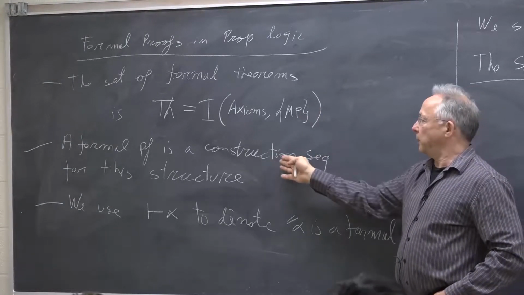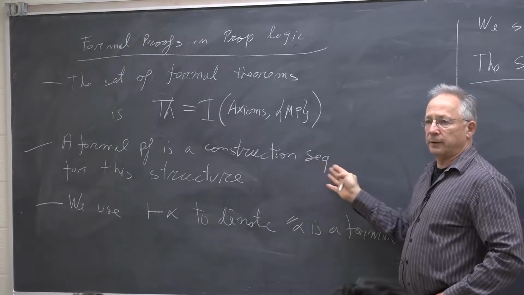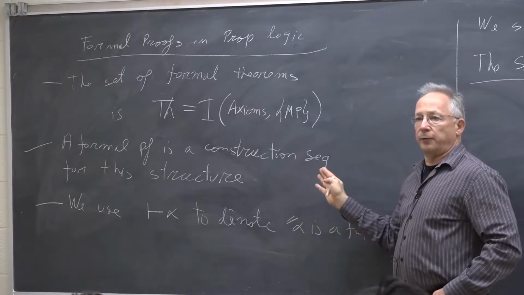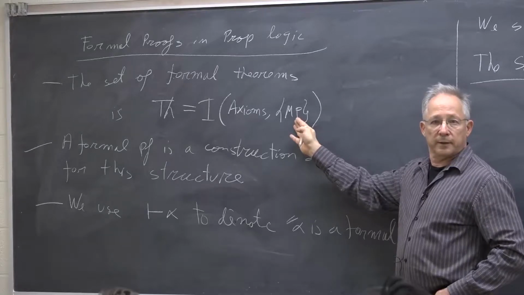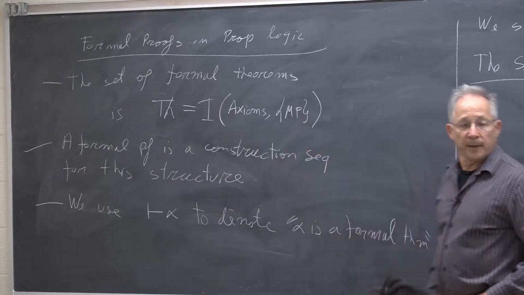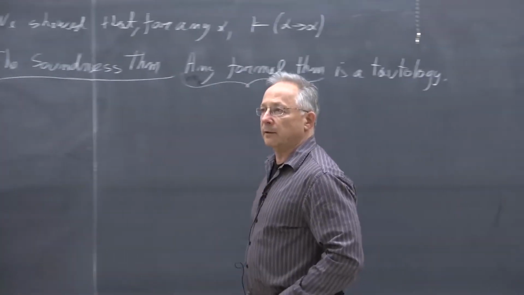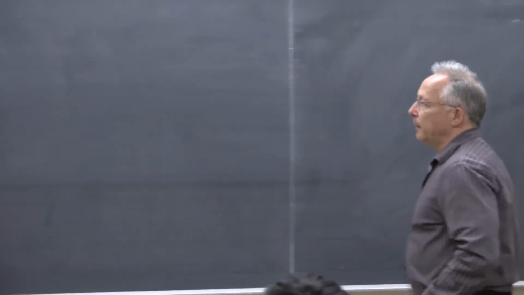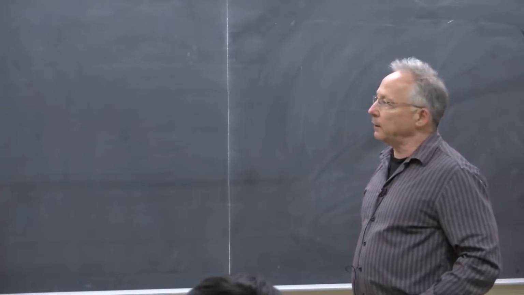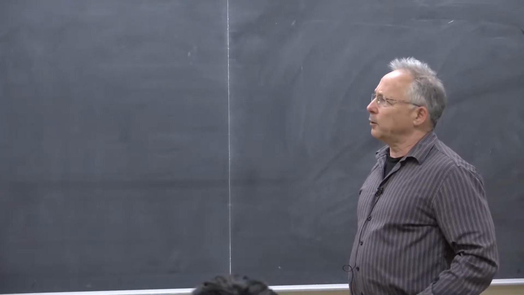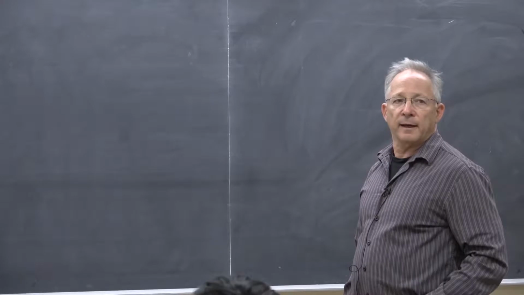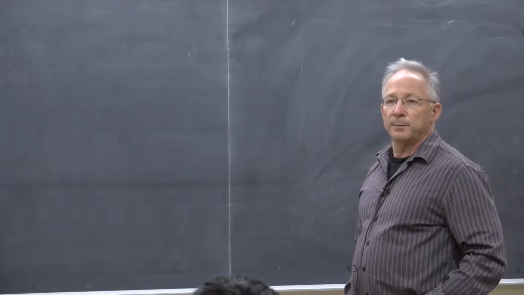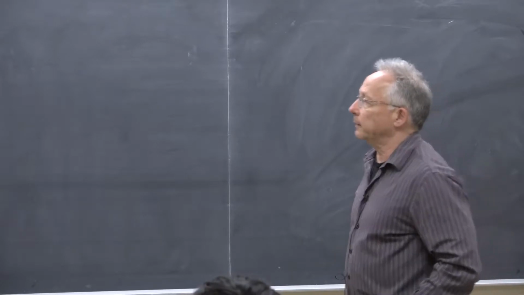So we just have to go along the sequence, alpha 1, alpha 2, alpha 3, and so on, and check that each of them is either an axiom or follows from previous ones by modus ponens, which is easy to check. It's even easier than checking truth with the truth table. So we are still missing the third property, completeness, which states that every correct statement can be proven. But we will do it a bit later.